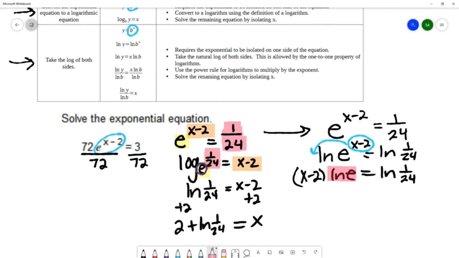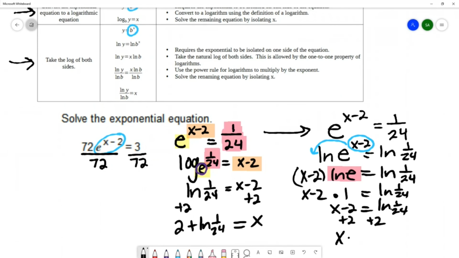We can simplify natural log of e. That is equal to 1. 1 times x minus 2 is x minus 2. And then we want to solve for x, so we're going to add 2 to both sides and get x equals 2 plus natural log of 1 over 24. And you can see with this example, we got the exact same answer using both methods.